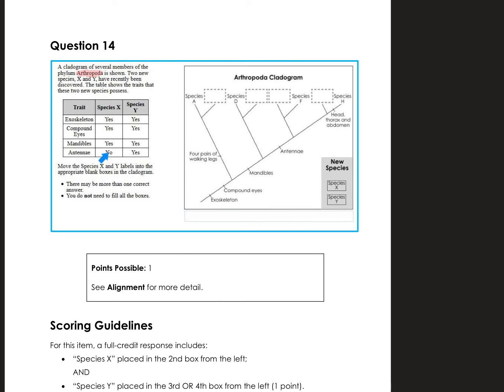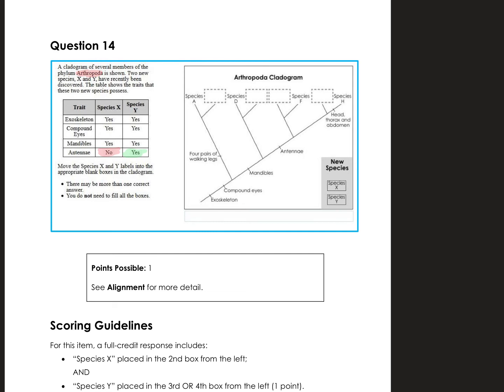So X has an exoskeleton, it has compound eyes, it has mandibles. So both X and Y have to be on this side, in one of these three spots, because they have all three of these characters. But X does not have antenna where Y does.